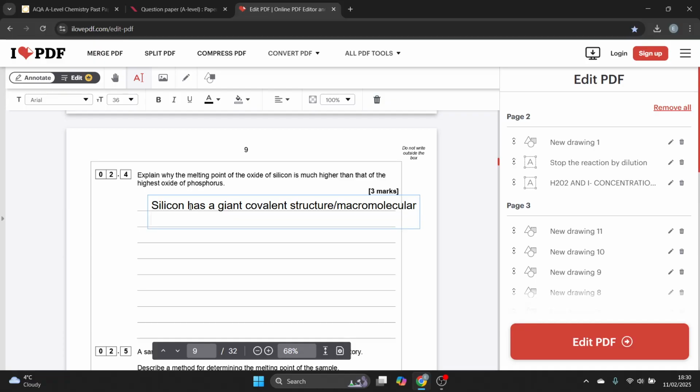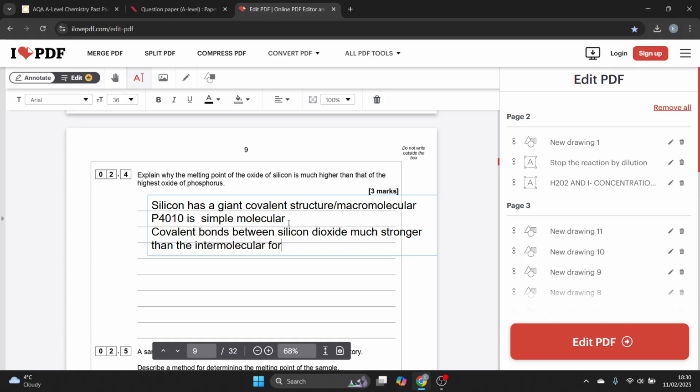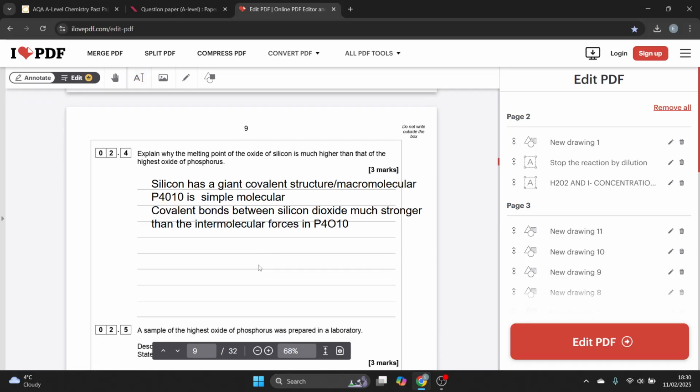So what does that mean? Well, I'll say P4O10 is simple molecular, and then I say covalent bonds between silicon dioxide are much stronger than the intermolecular forces in P4O10.